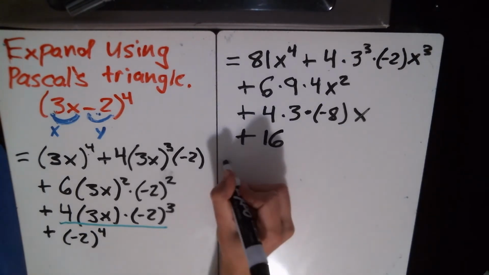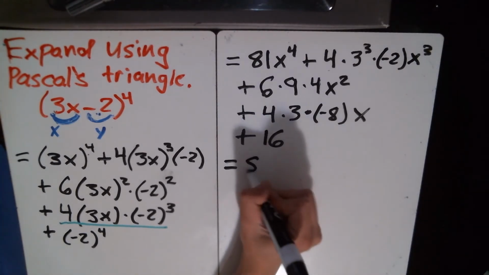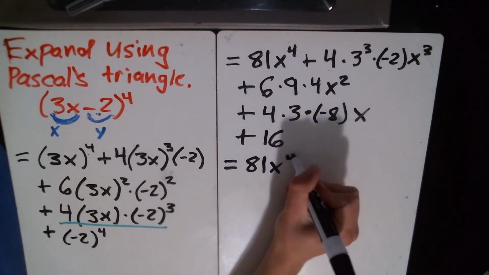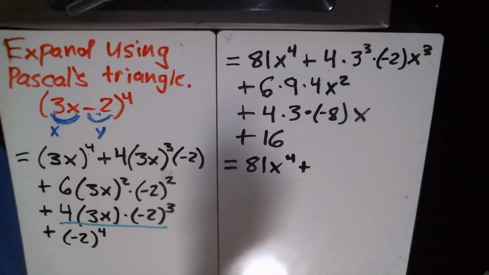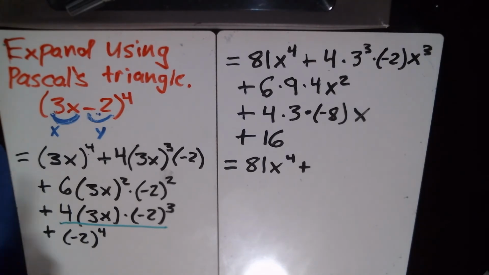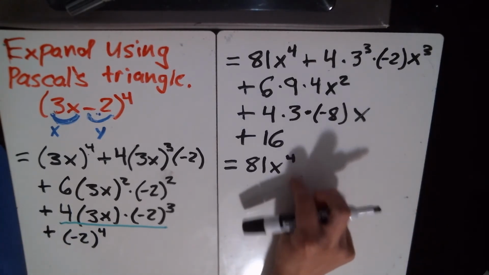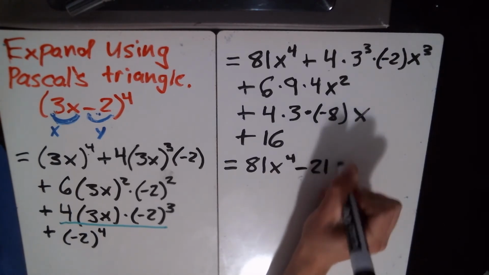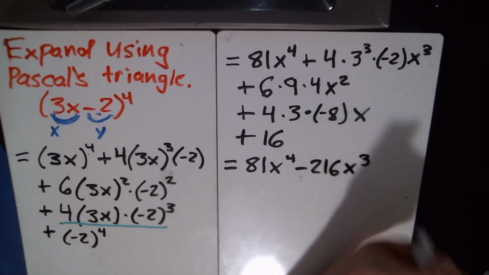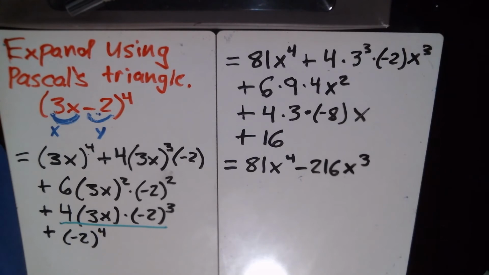Now let's do our final simplification. This is 81x to the 4th plus 4 times 3 cubed, and then times -2 is -216, so just minus 216x cubed.